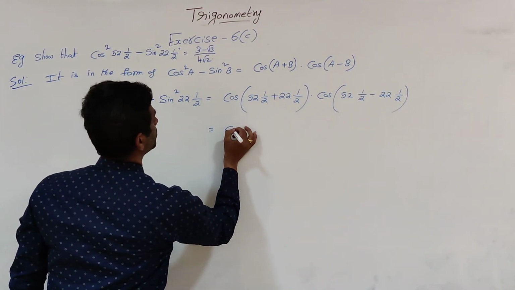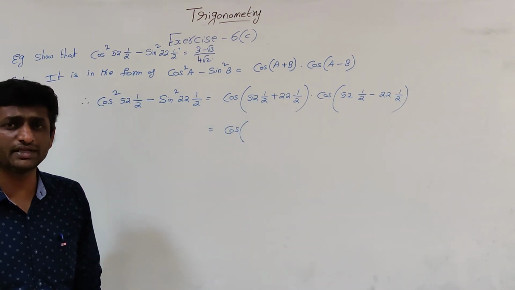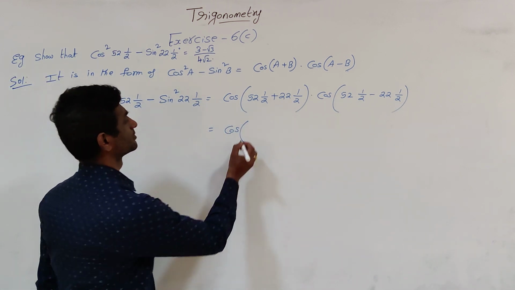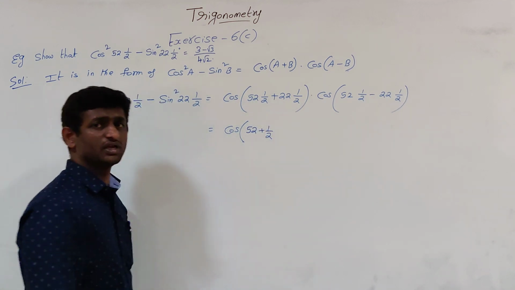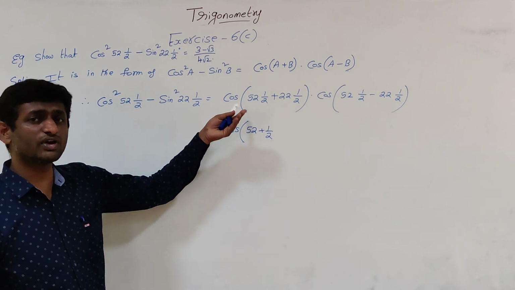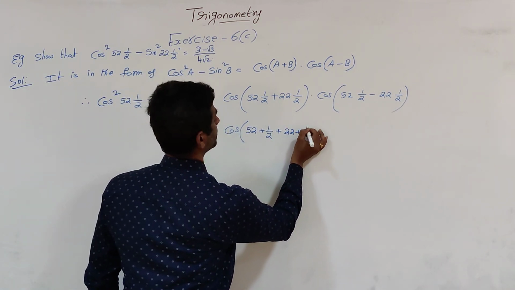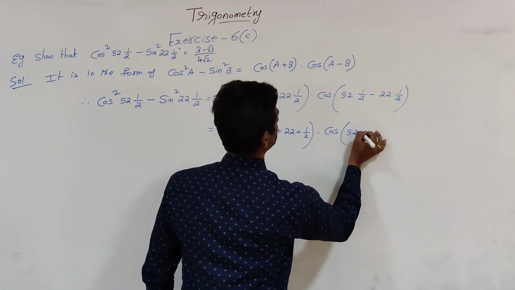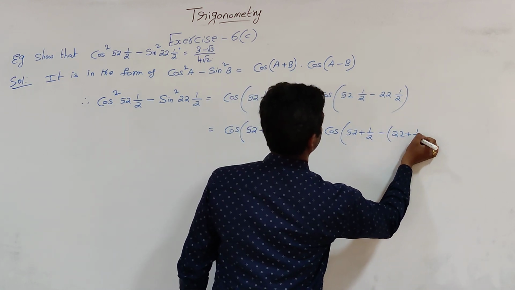which is cos of 52.5, that is 52 plus 1 by 2, or it's a mixed fraction. You can go ahead with 52 into 2, 104, 104 plus 1, 105 by 2, plus 22 plus 1 by 2, into cos of 52 plus 1 by 2 minus 22 plus 1 by 2.